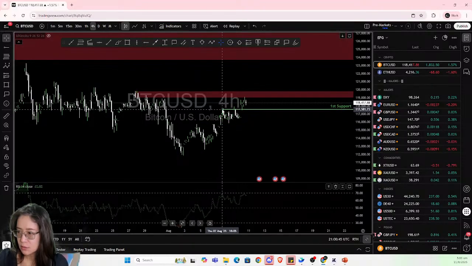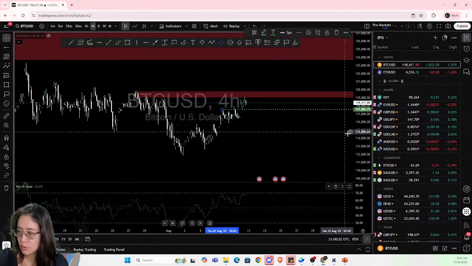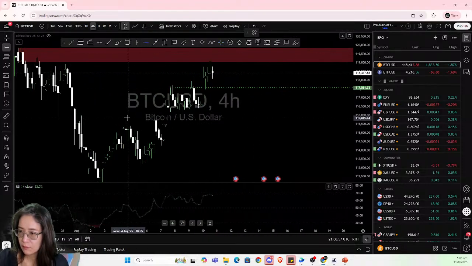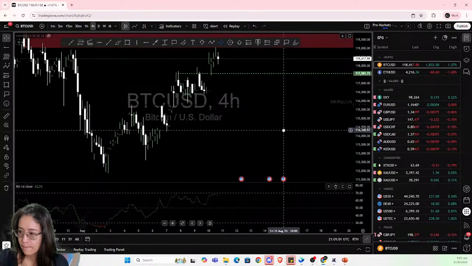Your intermediate support here. Why did I put intermediate support? Because it's too close. The key level I was thinking, I'll look for this as my first support right here.